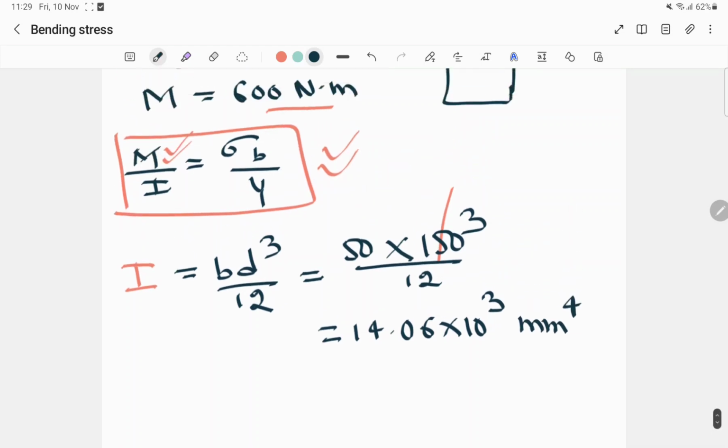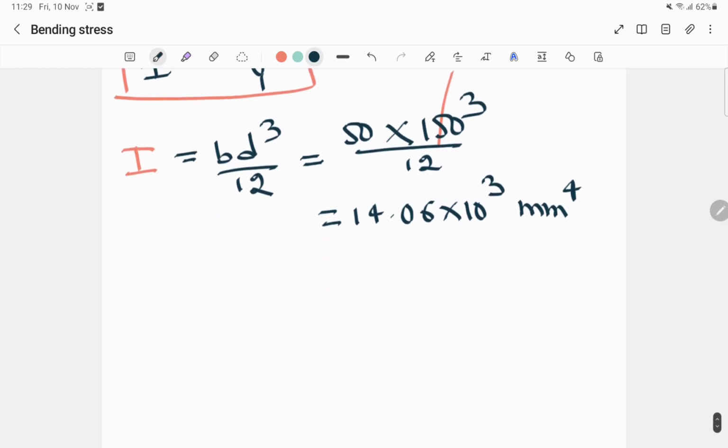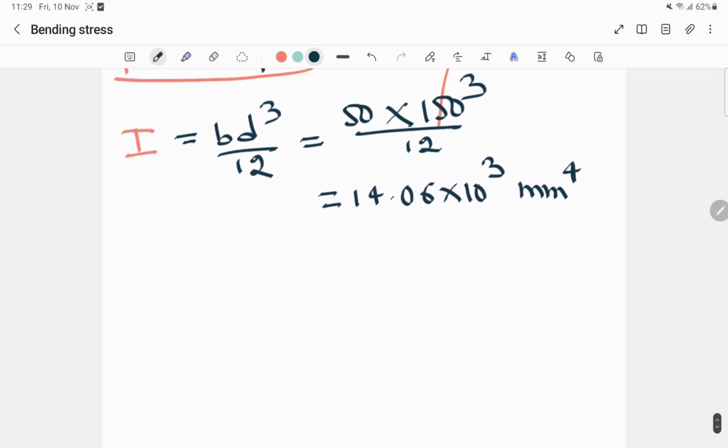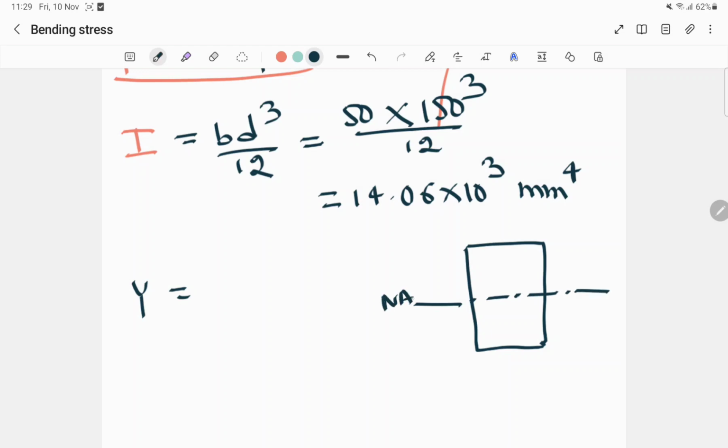Now we need to find the value of y. y is nothing but the distance from the neutral axis to the upper layer. This is the cross-sectional area of the rectangular beam, and from the middle is the neutral axis. So from the neutral axis to the top is the y value.